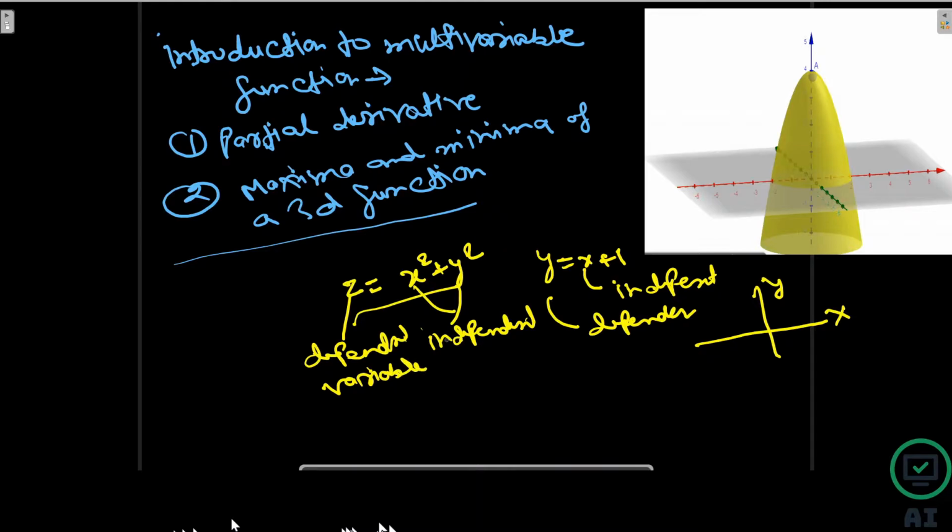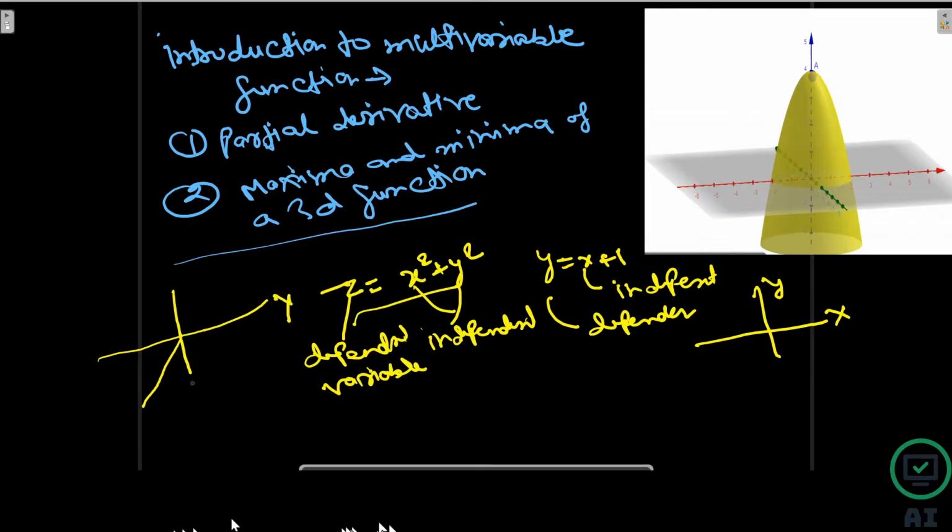How many dimensions are required to plot the graph for this function? As I said, we always need one more than the independent variables. As we have two independent variables here, we need three dimensions to plot this graph.